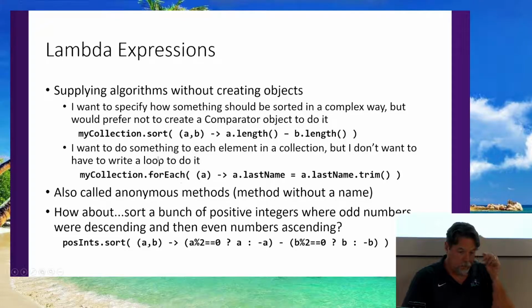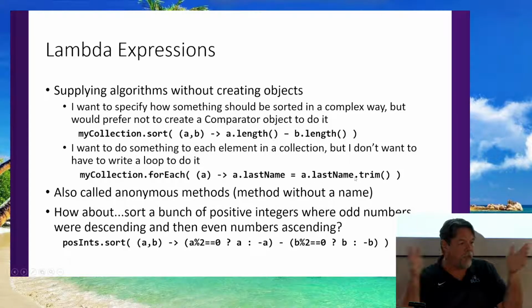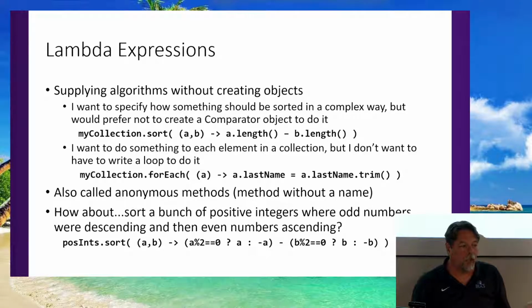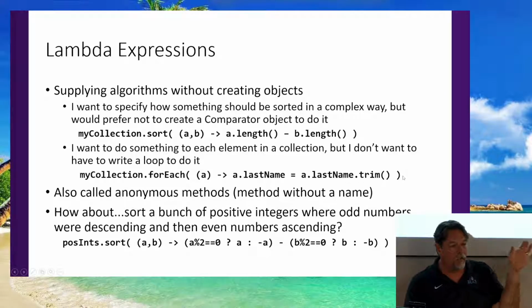Okay, so dot sort, dot for each, same thing. If I wanted to iterate over them, this next example goes through that list of strings and modifies each element in the list, trimming, let's say that there's extra spaces after the last name because of the way the data was input. I can go through that entire list of strings in one statement and get rid of all of those extra spaces.